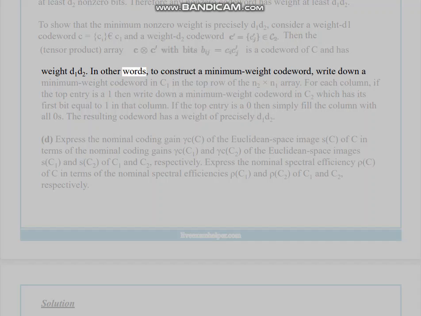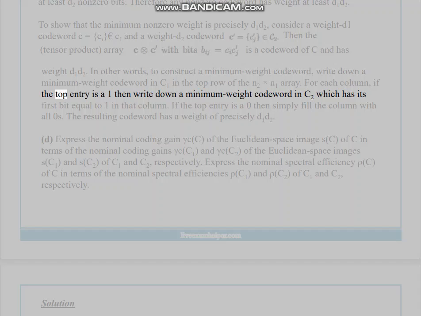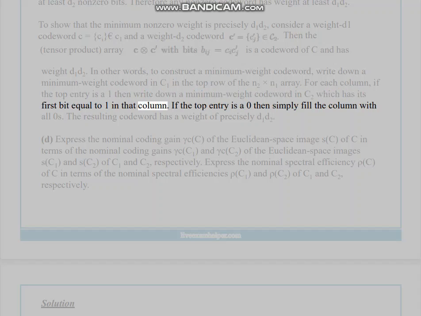In other words, to construct a minimum weight codeword, write down a minimum weight codeword in C1 in the top row of the n2 × n1 array. For each column, if the top entry is a 1, then write down a minimum weight codeword in C2 which has its first bit equal to 1 in that column. If the top entry is a 0, then simply fill the column with all zeros. The resulting codeword has a weight of precisely d1d2.